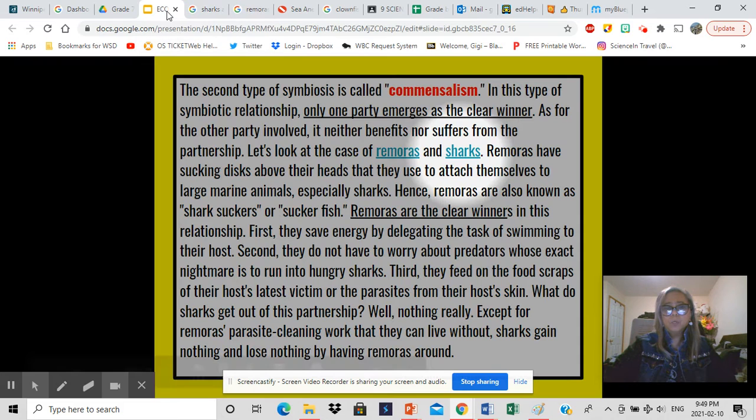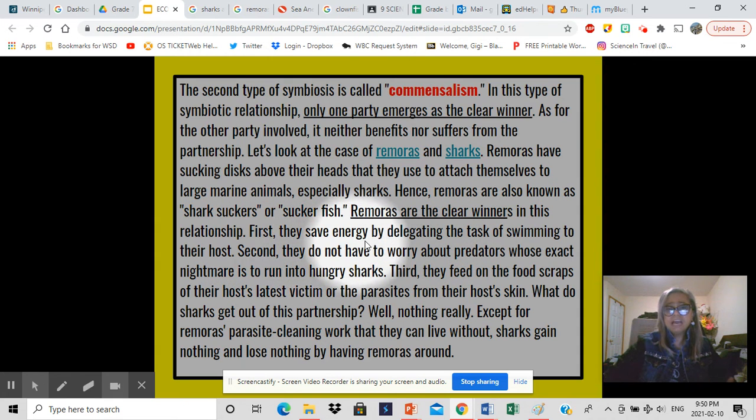So it says here, remoras have sucking discs above their heads, although it appears as if it's on their bottom, right? They use it to attach themselves to large marine animals, especially sharks. Hence, remoras are also known as shark suckers or suckerfish. Remoras are the clear winners in this relationship.